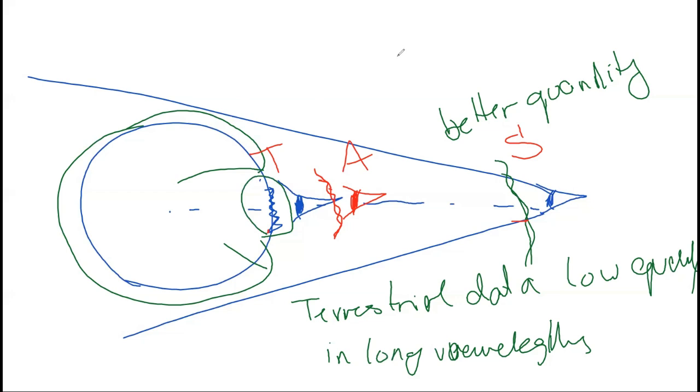Terrestrial data are weaker in long wavelength or low frequencies. But satellite data are the opposite. They are better in long wavelengths, but they have no short or high frequencies. So these are the important issues that we have to consider when we want to determine the gravity field of the Earth or a geoid model.